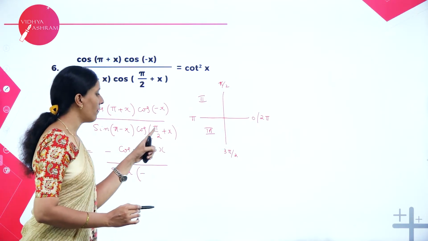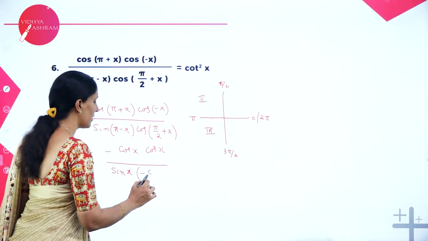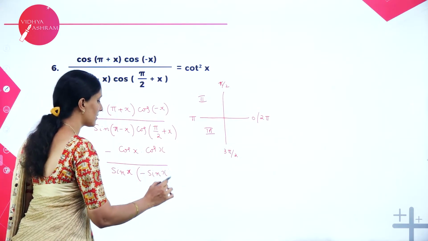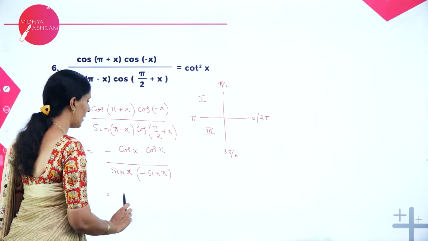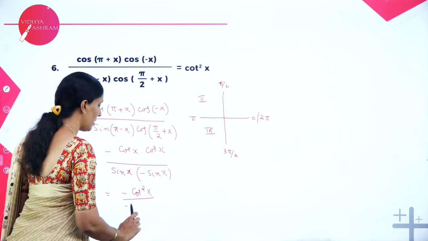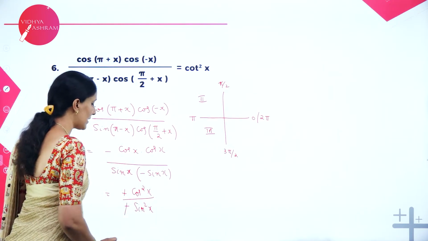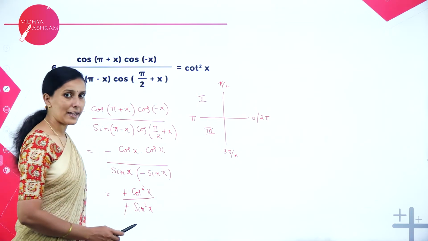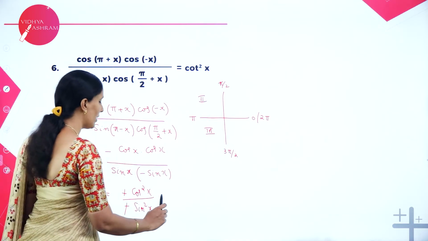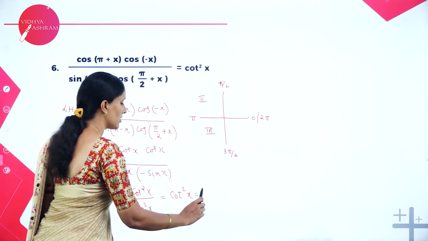And since we have allied angle with pi by 2, cos should change to sin. So therefore it becomes minus sin x. So therefore here we will get it as minus cos square x divided by minus sin square x. So minus gets cancelled. Cos by sin is cot. That's why this will become cot square x, which is RHS.